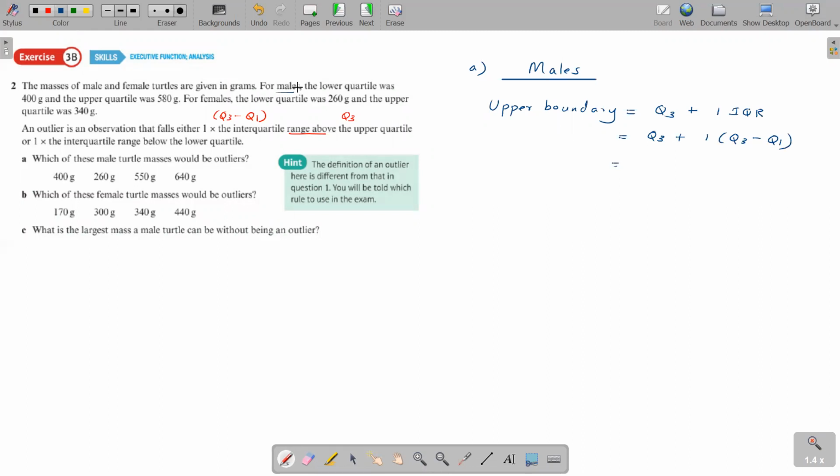For the males, the lower quartile is 400 and the upper quartile is 580. So the upper quartile Q3 is 580 plus 1 times (Q3 is 580 minus Q1 is 400).